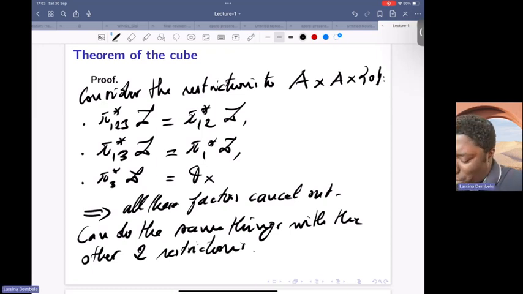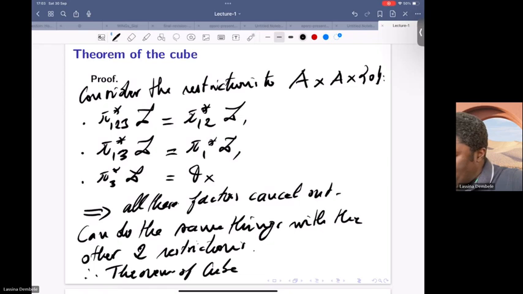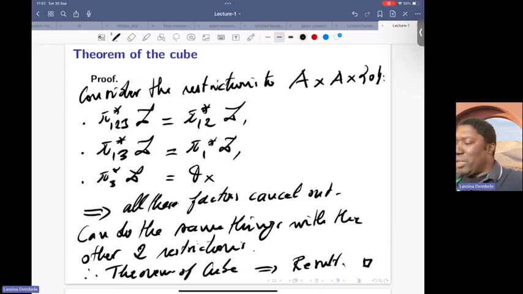And so as a consequence of the theorem of the cube, that gives you the result. Because in each case, the theorem of the cube tells you that this factor will cancel out.